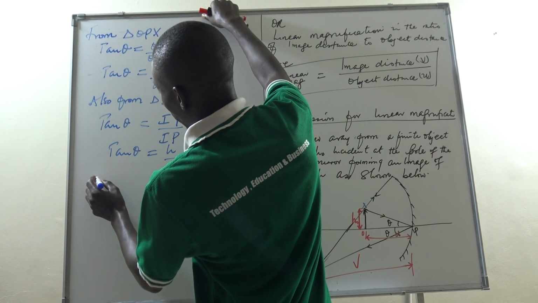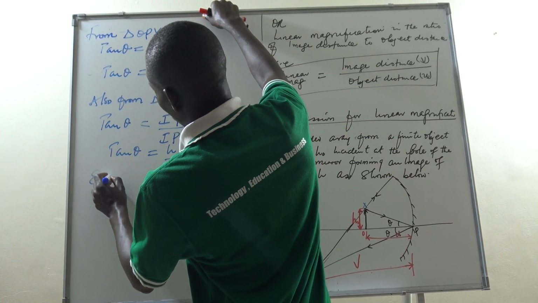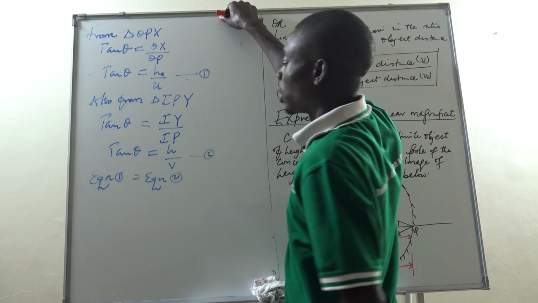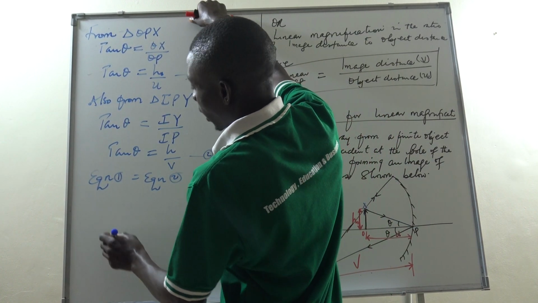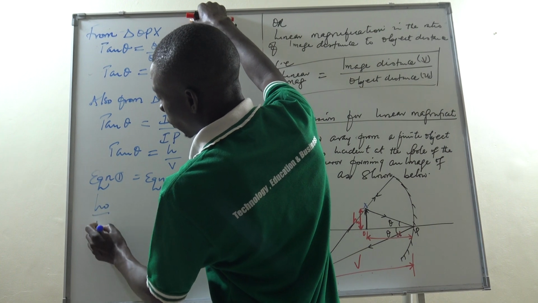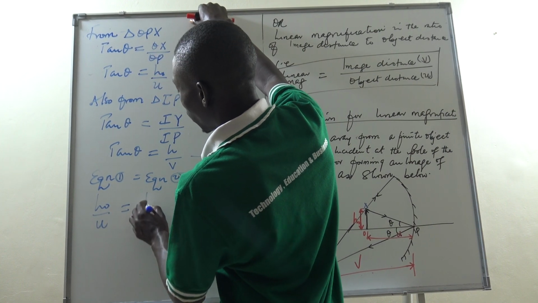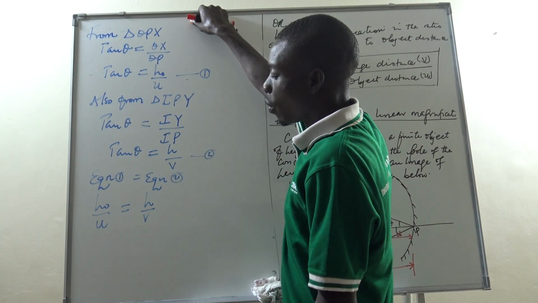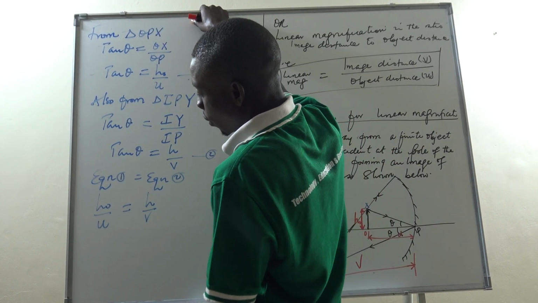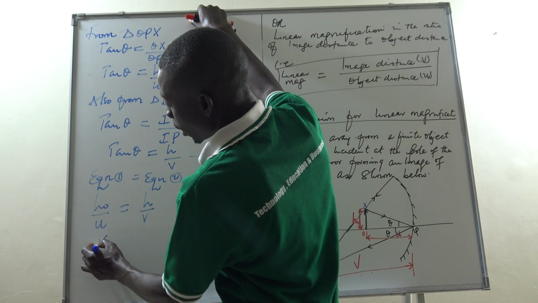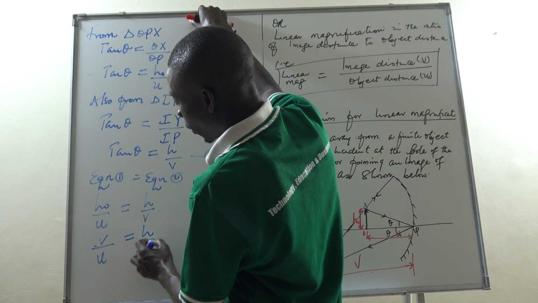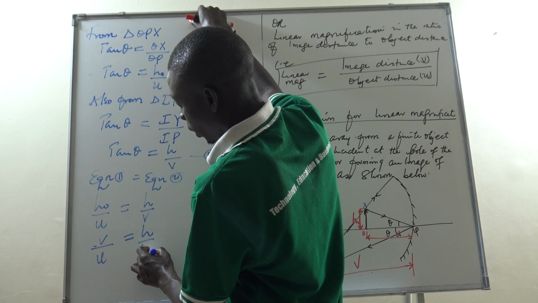And then you can say that equation 1 is equal to equation 2. Is that okay? And then from there we can say H naught over U is equal to H over V. Okay? When we rearrange this, we shall have V over U is equal to H over H naught. Isn't it?